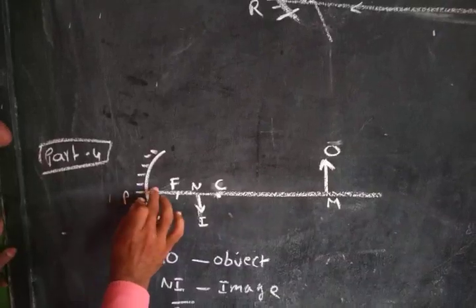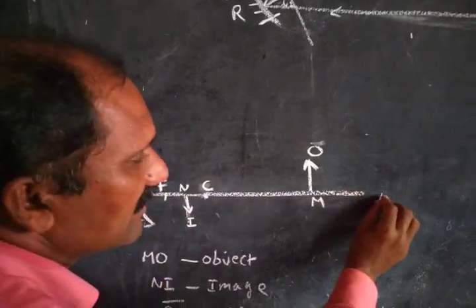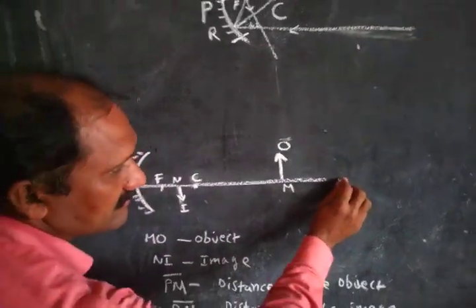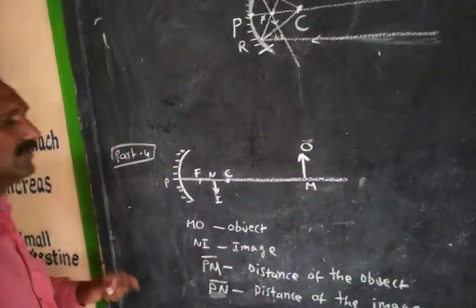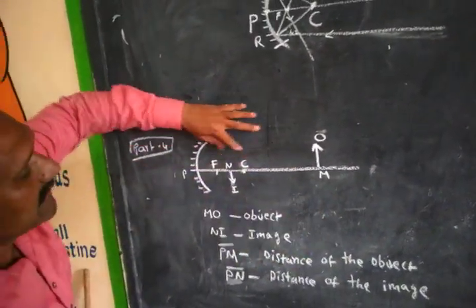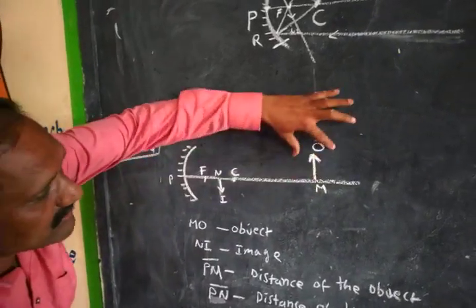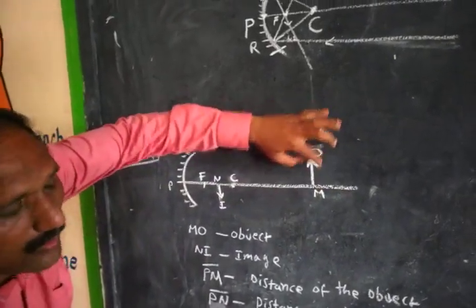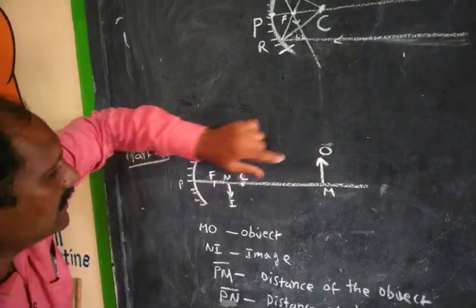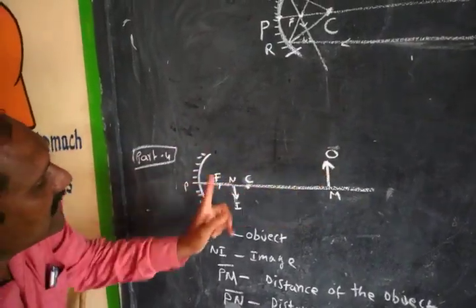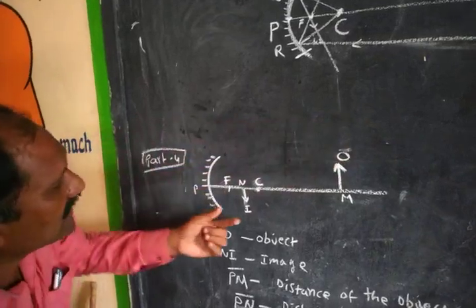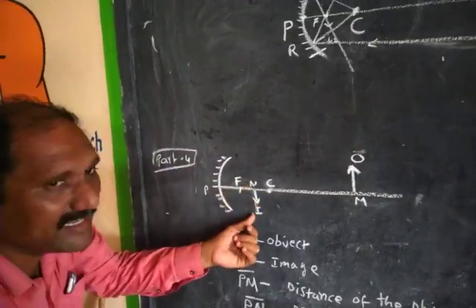This PFC is the principal axis. Now when an object is placed at M, that object is MO, and the image of that object is formed at N, that is NI.